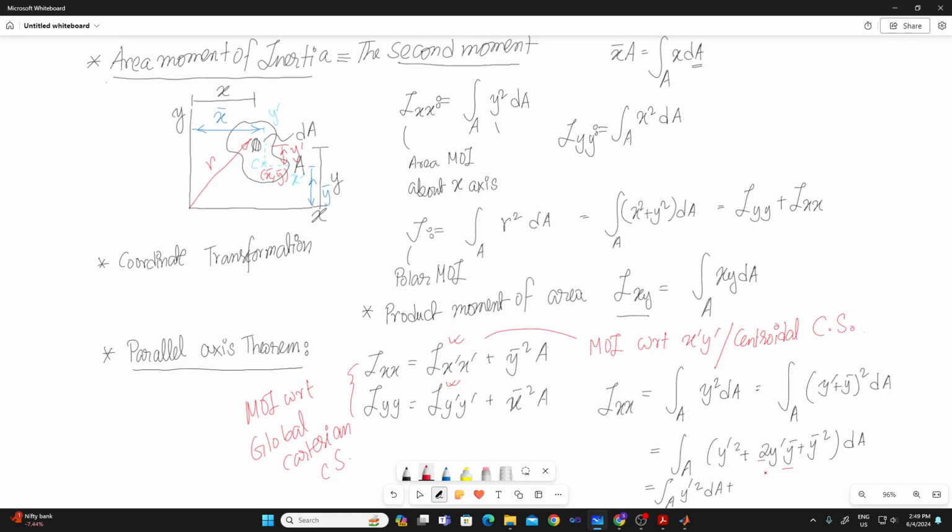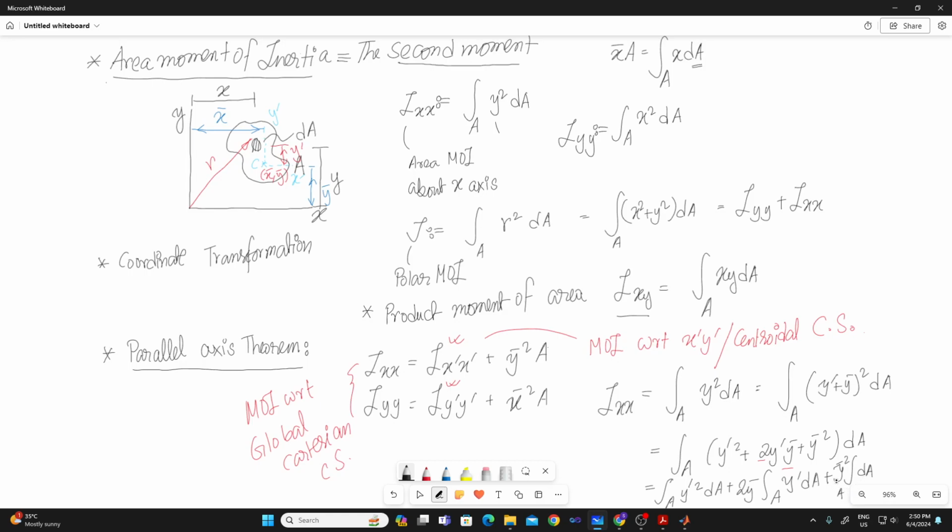Now y may be changing across the geometry, but the location of the centroid is actually a constant, and that is not changing if you choose a different area element. Which means twice y bar comes out of the integration, and you get the integral of y prime dA. And the next term would be the integration where, of course, y bar squared comes out of the integration, and then dA.